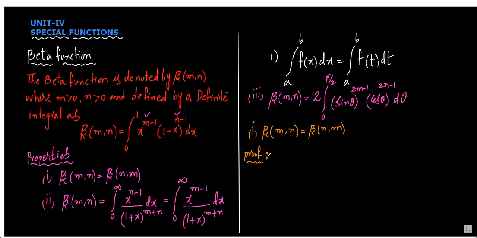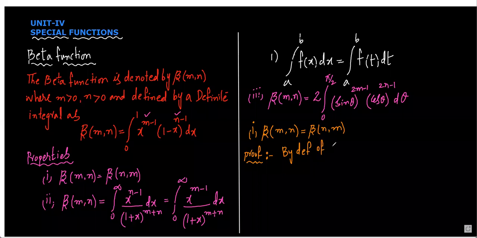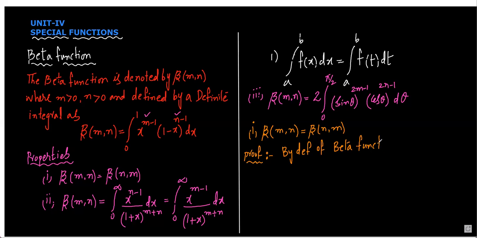So what is that? We are applying the definition of the beta function. By definition of the beta function, give me the answer. What is the beta function definition? Come on.